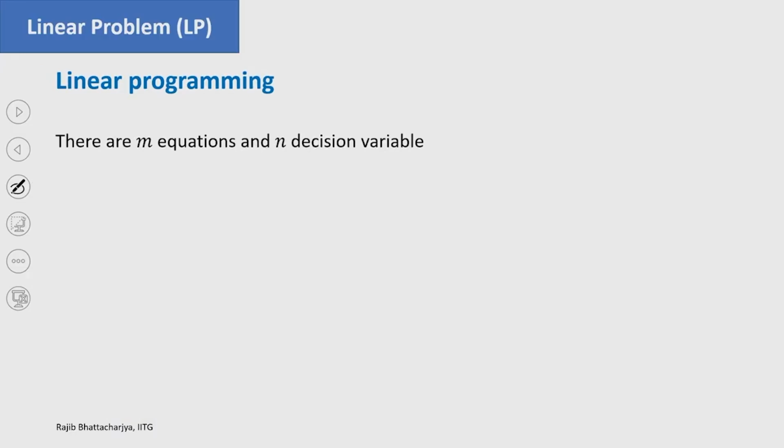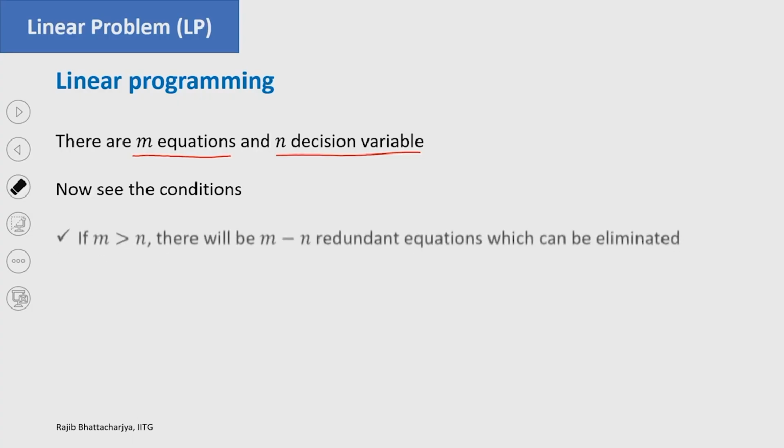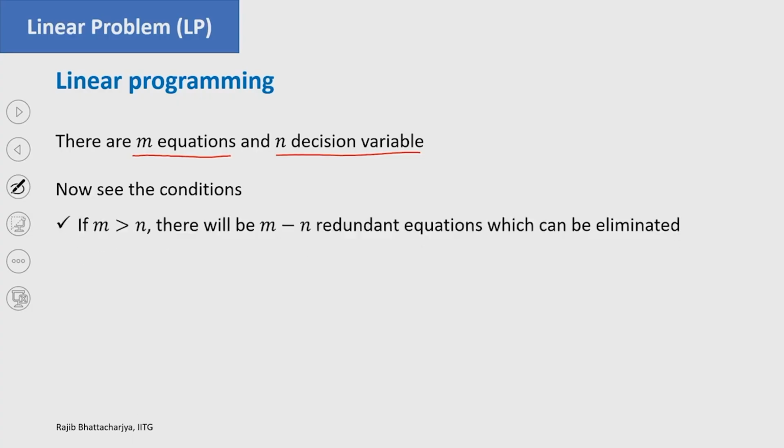So, let us take a set of linear equations. Suppose there are m equations and n decision variables. So we have a total of n decision variables and a total of m equations. Now see the conditions. The first condition is that m is greater than n.